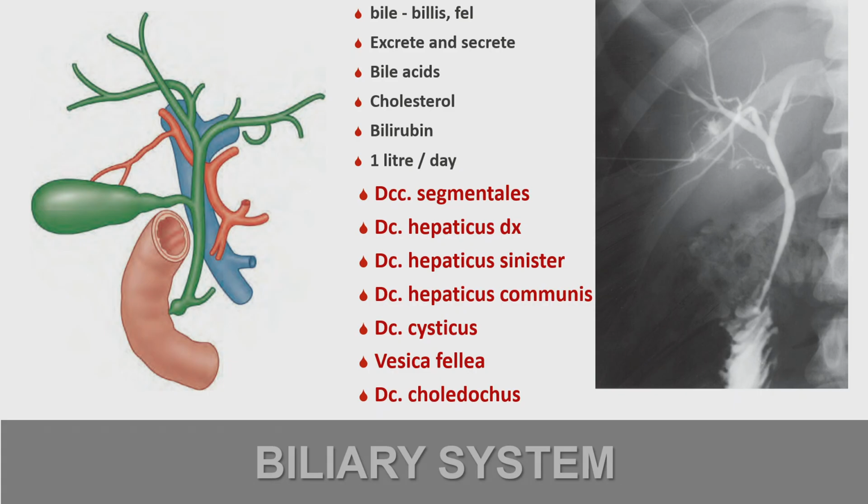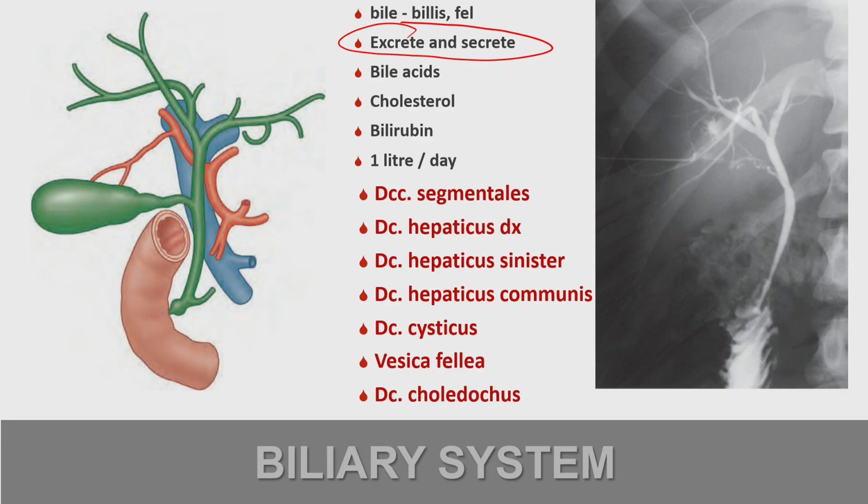The liver produces proteins released to the blood, and then there is bile. Bile is an impure fluid which is called bile, bilis, fel, and it's excrete and secrete together. What is secrete?